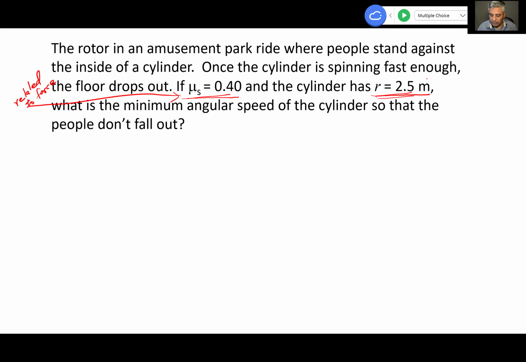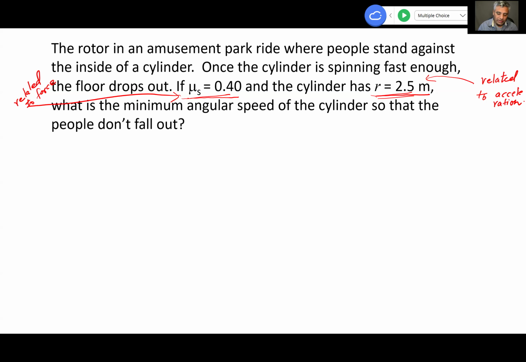And we know when something is rotating in a circular path with radius r, r is related to acceleration.